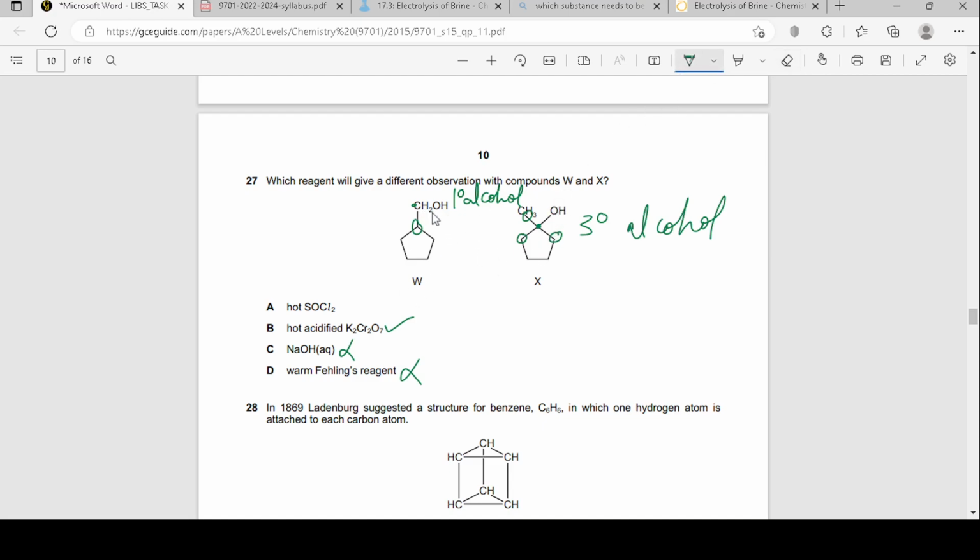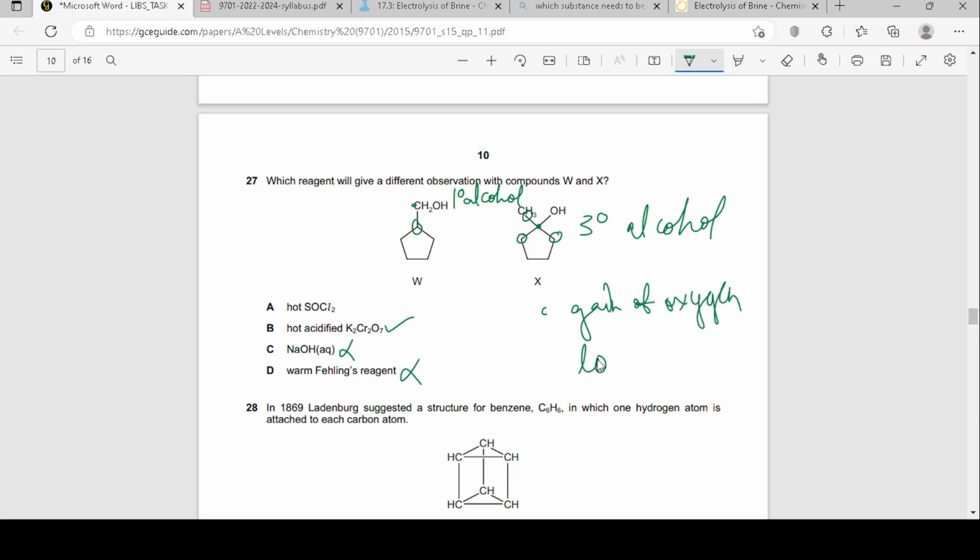Over here you can lose a hydrogen easily and form a double bond, but over here you cannot lose any of these three bonds, they're vital to the structure. You don't have any hydrogens to lose, so you cannot be oxidized, because oxidation is the gain of oxygen or the loss of hydrogen.